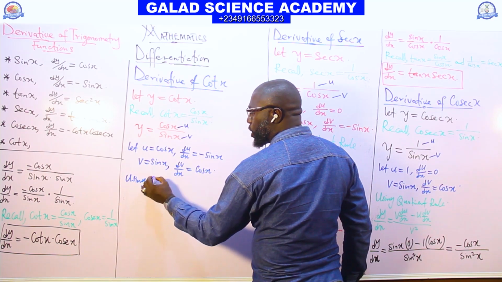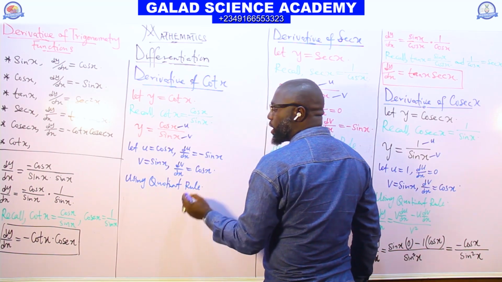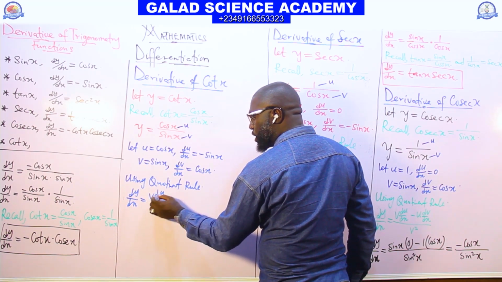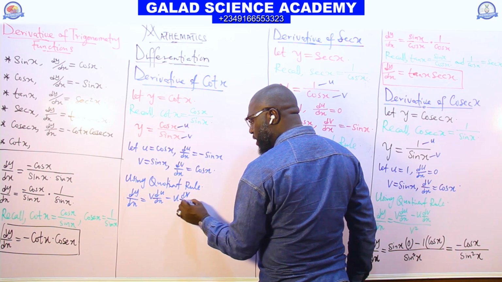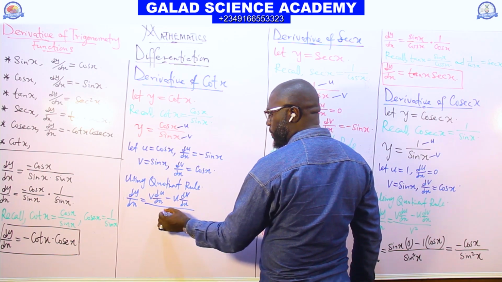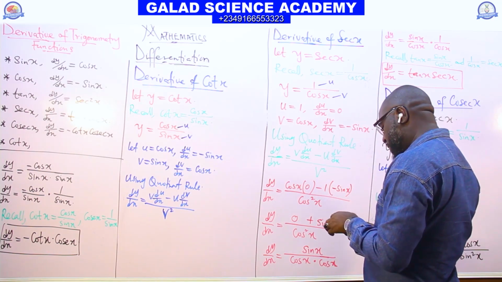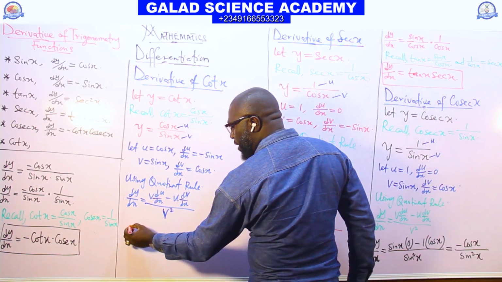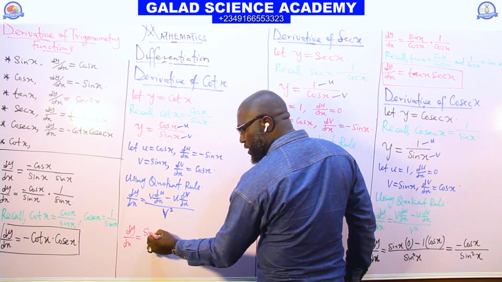Using the quotient rule, the rule says that dy/dx equals v du/dx minus u dv/dx, over v squared. Next we substitute for each value. What is v? v is sin x. du/dx is minus sin x.